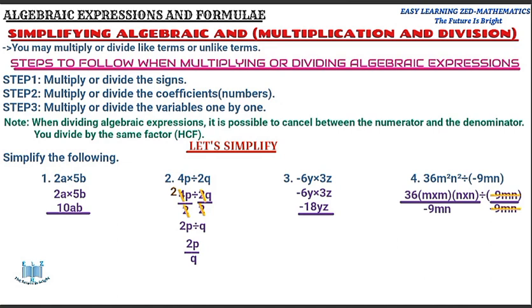Then we can start dividing signs. We have a positive sign on top there. When you divide a positive by a negative, it will give you a negative. Then 9 into 9 will give us 1.